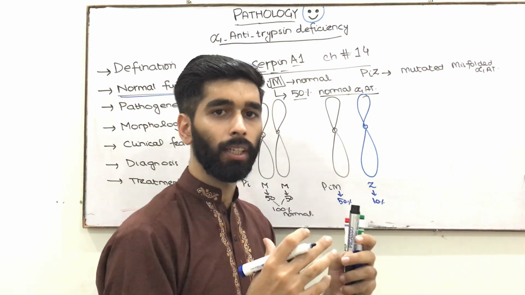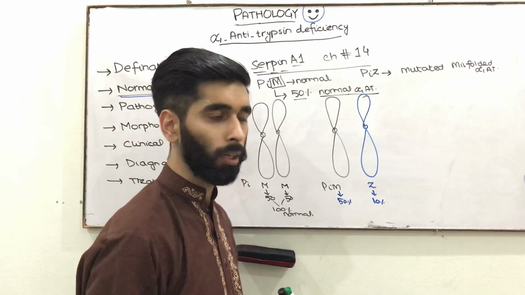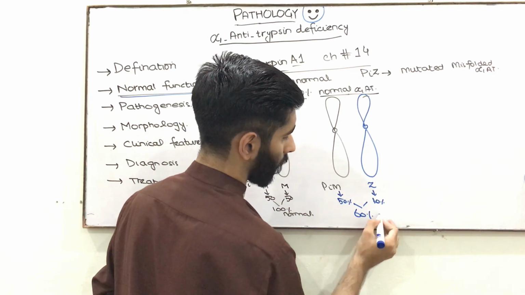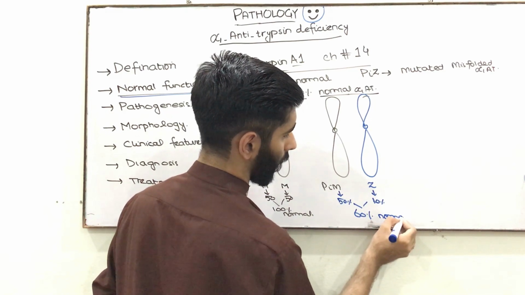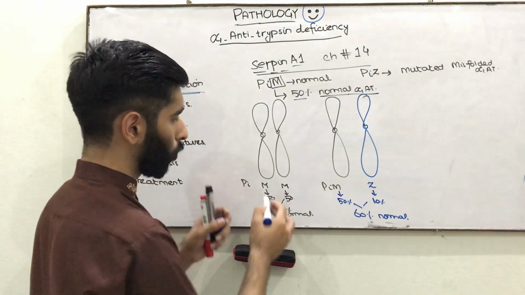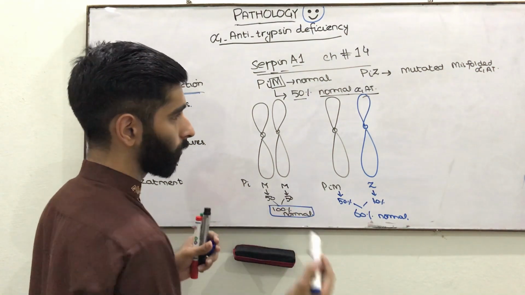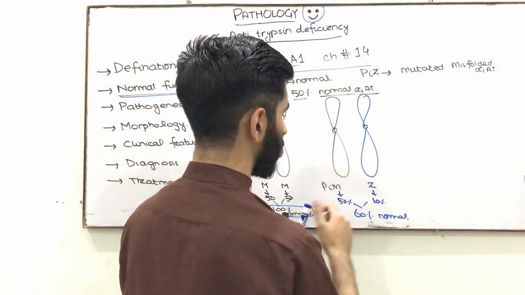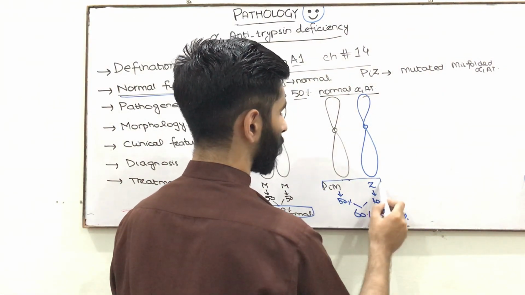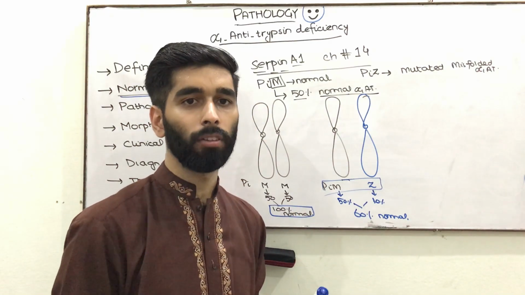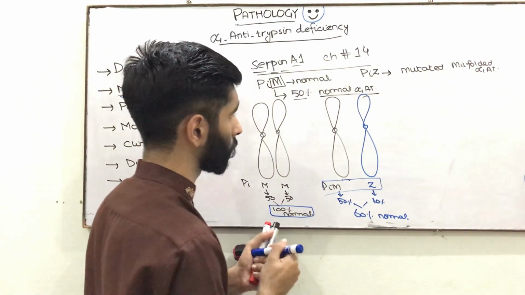So the person has 60% normal alpha-1 antitrypsin. Homozygous PiMM encodes 100%, present in 90% of the population. PiMZ heterozygotes are at risk of developing emphysema if also predisposed to other risk factors.